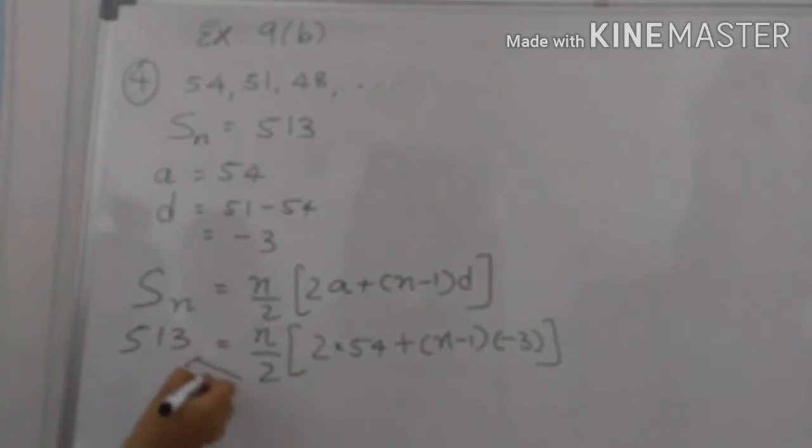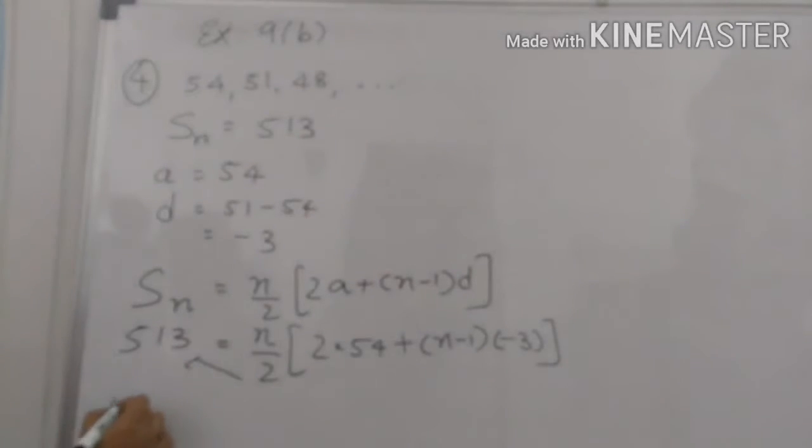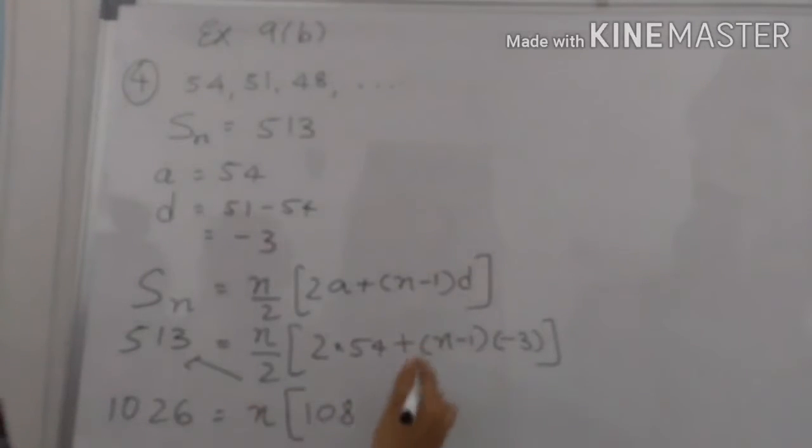So this way we can solve. Here I'll take multiplication in a cross manner. So 513 into 2 is 1026 is equal to n as it is. And in the bracket we have 54 2s are 108, and this is minus 3n plus 3.